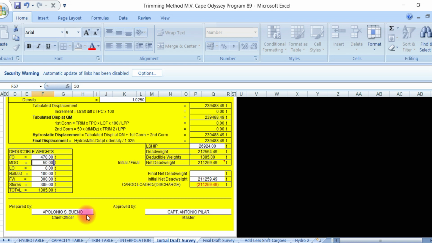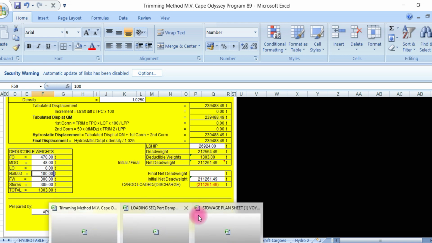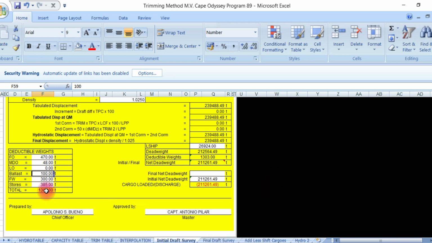Diesel oil will be 48 because of 2 tons consumption, and the remaining ballast is still 100 because you did not put ballast.